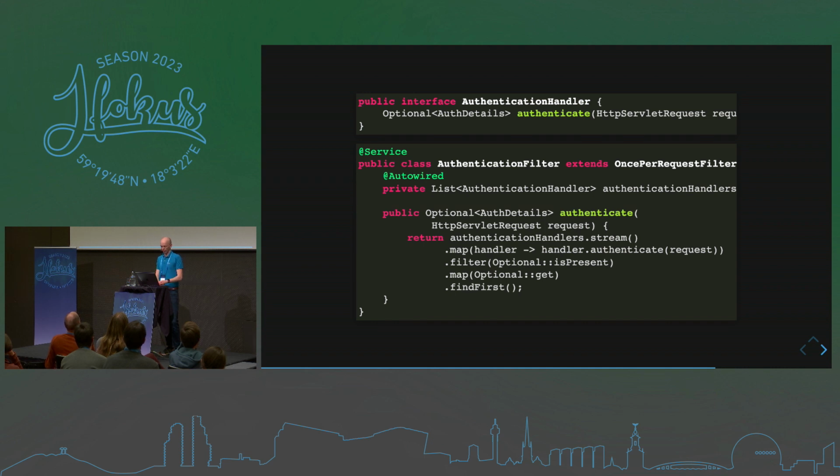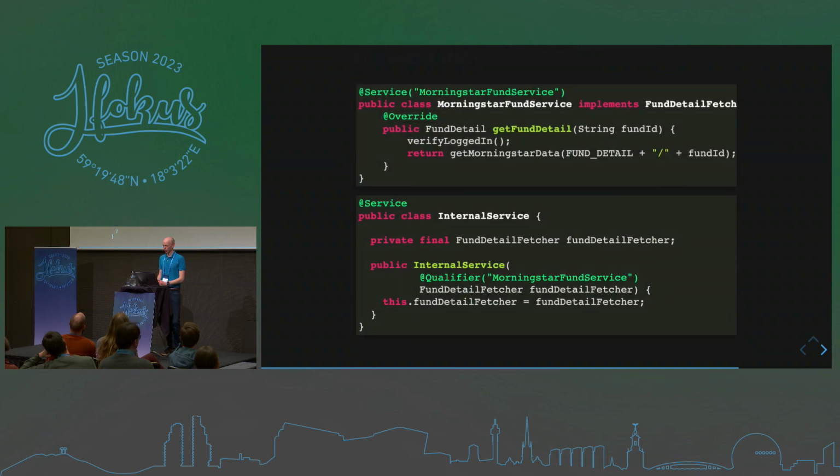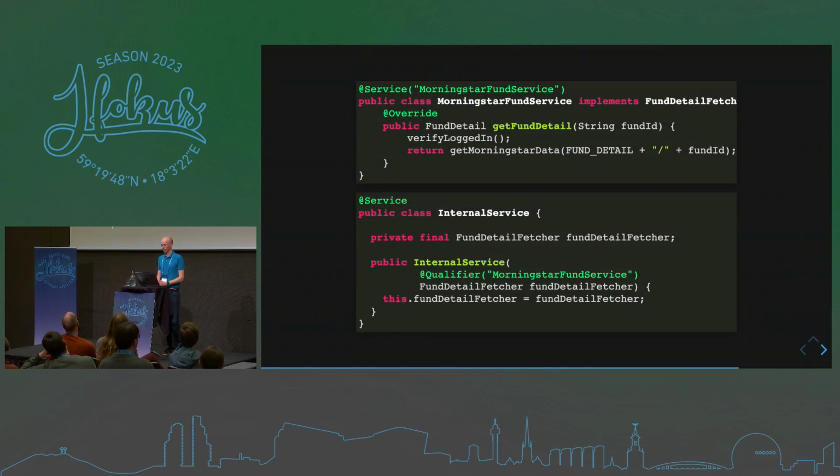Another thing is @Qualifier, sorry. If you want to include multiple, you can say, in this case, I want this interface to use a specific implementation. We have not really used this much, but I thought it would be amiss to not include it, because when you have multiple implementations in your project, IntelliJ will complain and say, you need to qualify this because I don't know which one to use.